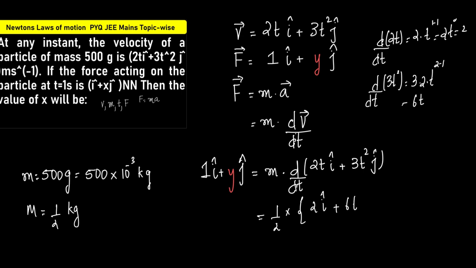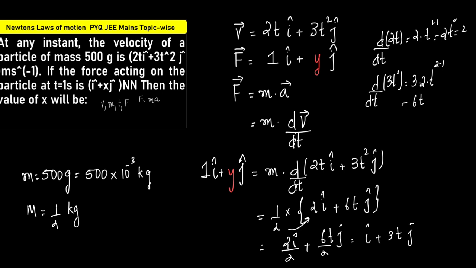So we have plus 6t into j cap. So this is equal to, now we multiply this 1 by 2 into it. So what we get is 2i cap by 2 plus 6t j cap by 2, which is equal to i cap plus 3t j cap.